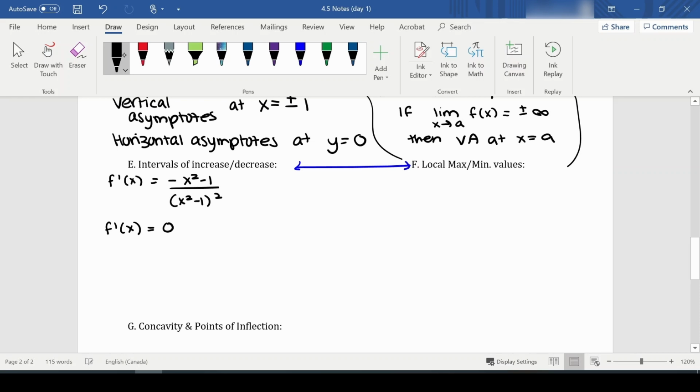So f prime is going to equal 0 if the top of the fraction is 0, which means x squared would have to equal -1, and this is not possible. So that means f prime is never 0.